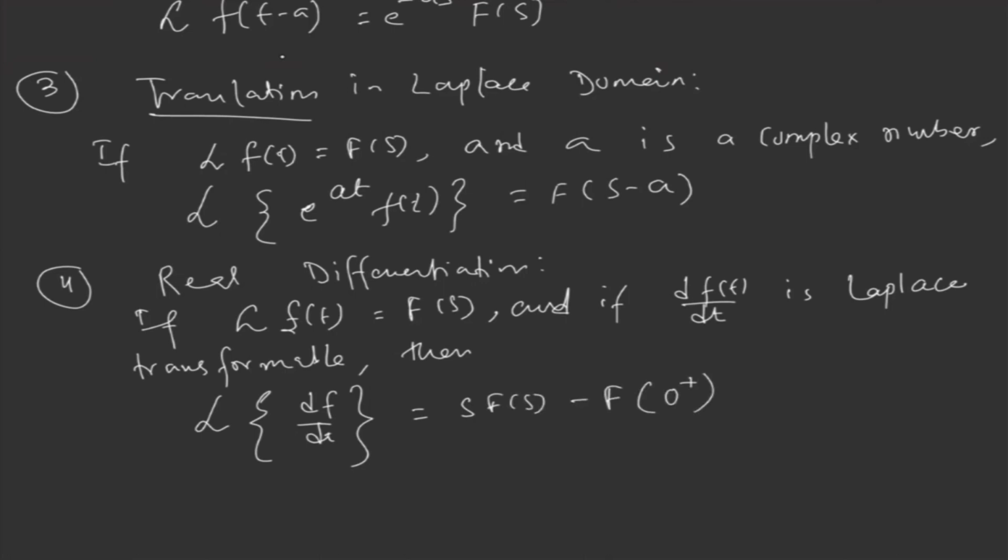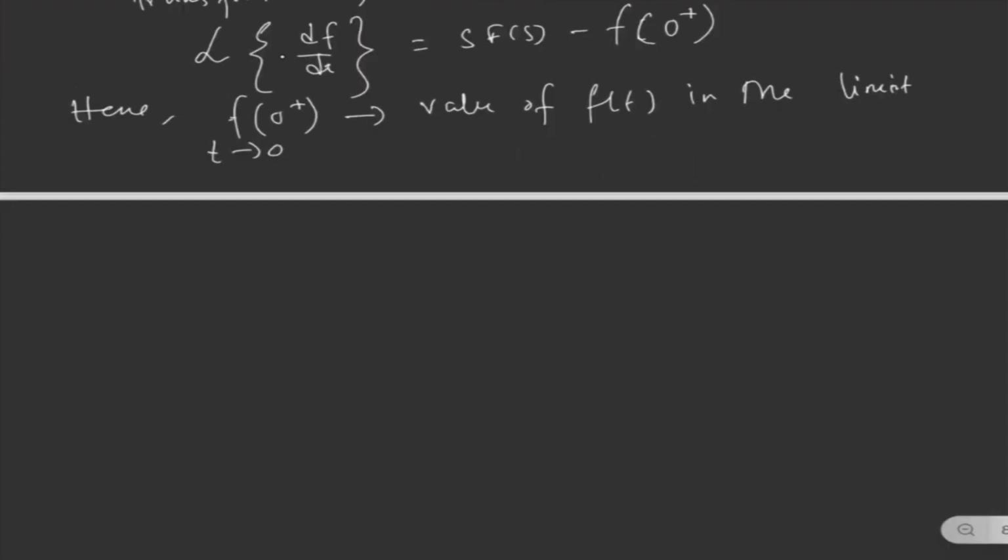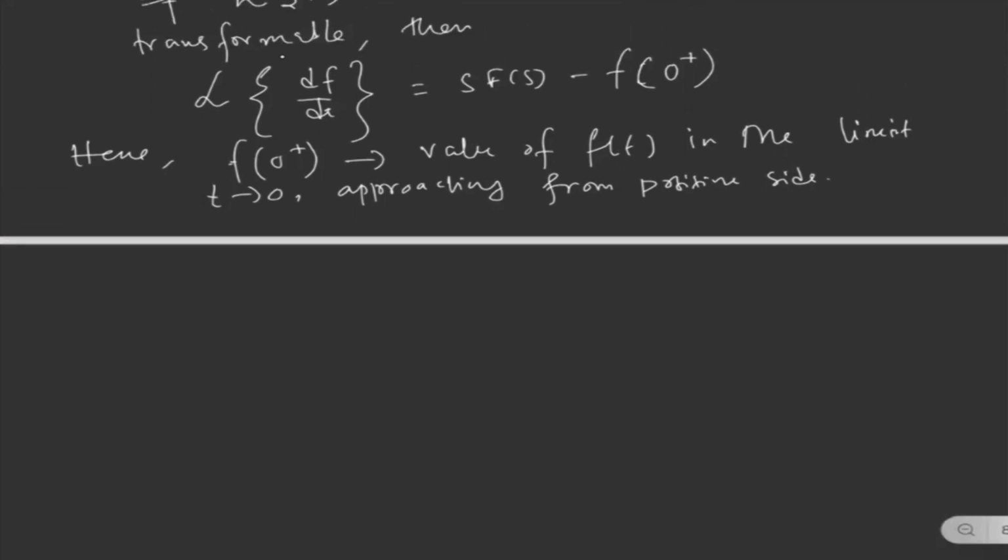Here 0 plus indicates the value of f(t) in the limit as t tends to 0, approaching from the positive side. So this is the first derivative.